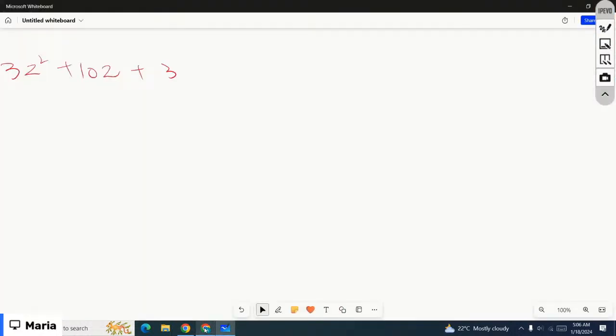You have to factor this equation. The equation is ax square plus bx plus c, so c is equal to r1 times r2 and b is equal to r1 plus r2.